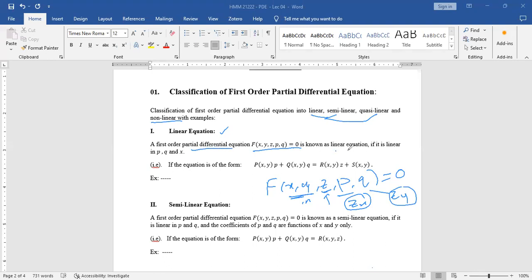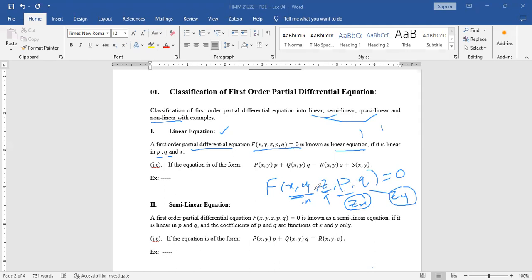If it is linear, it should be linear in p and q. What do we mean by linear? Linear has powers of 1, and it should not have any multiplication of p and q, not even zp.